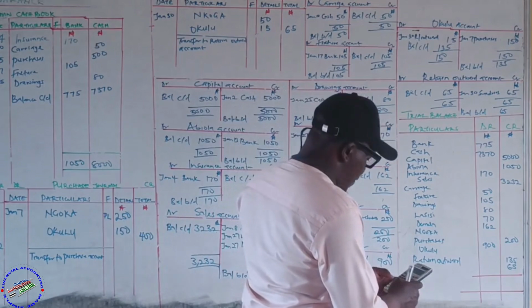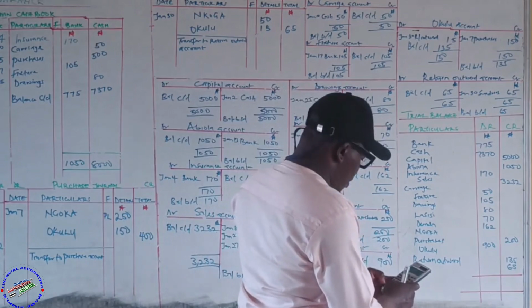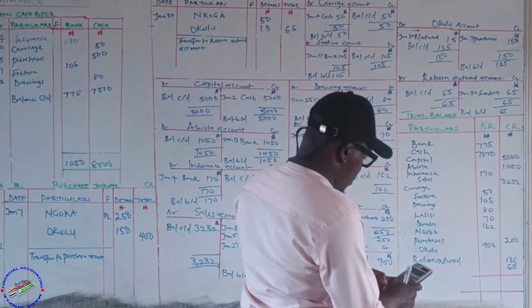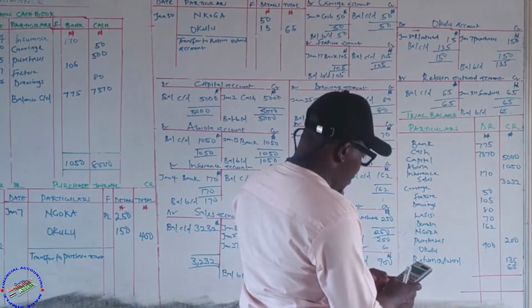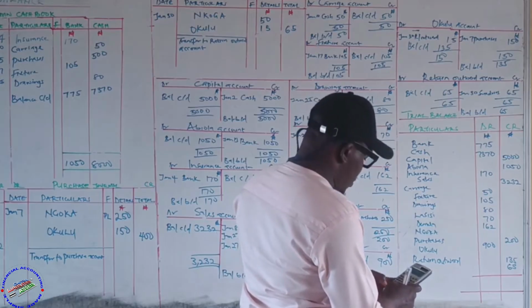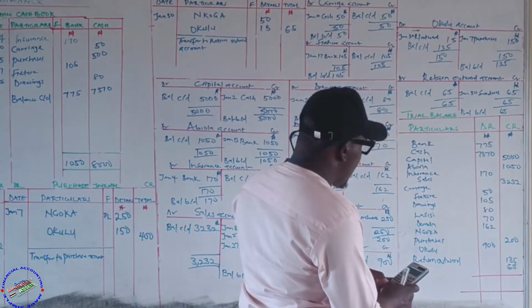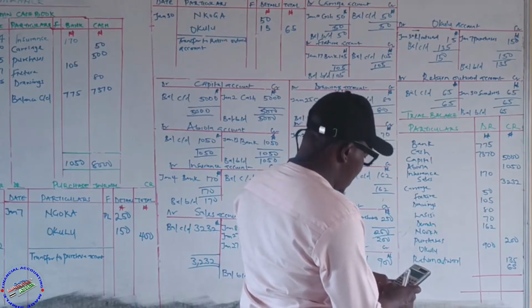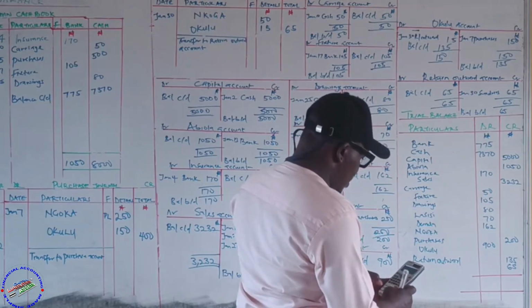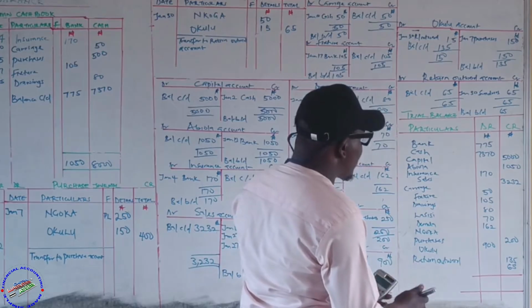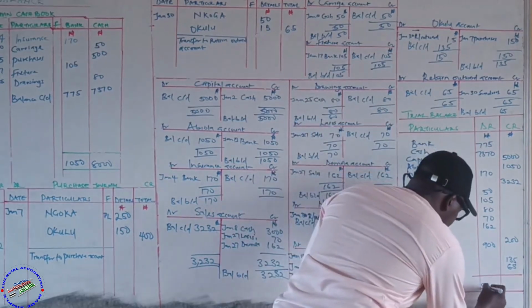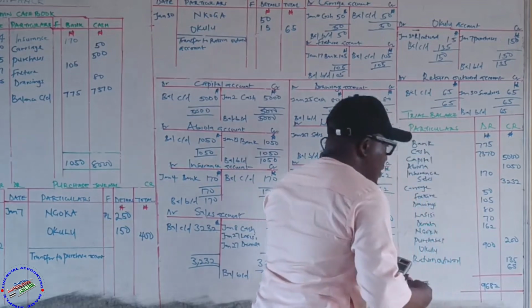On the debit side, we have 775 plus 7370 plus 170 plus 50 plus 105 plus 80 plus 70 plus 162 plus 900. This total gives us 9,682 on the debit side.